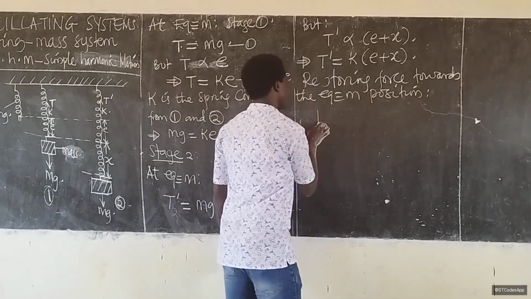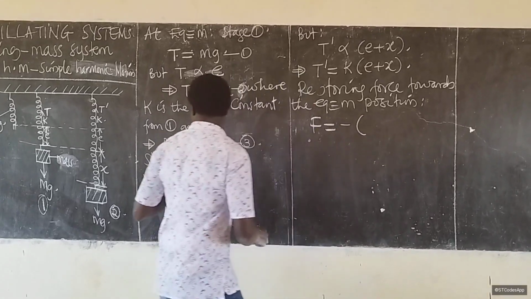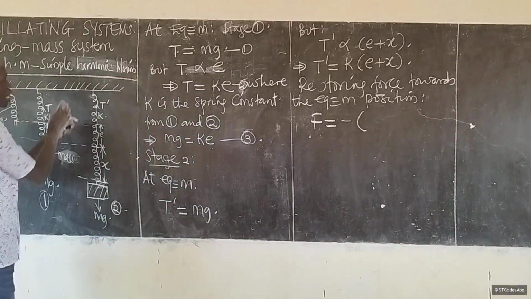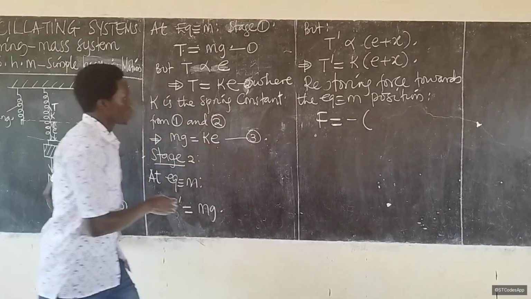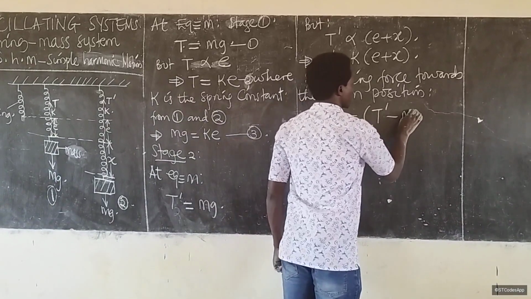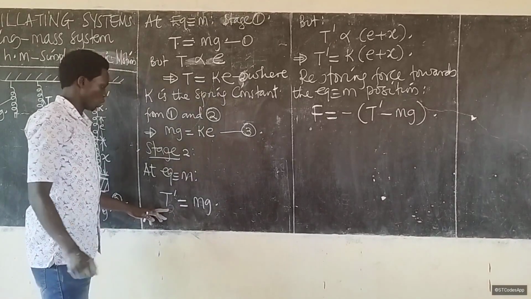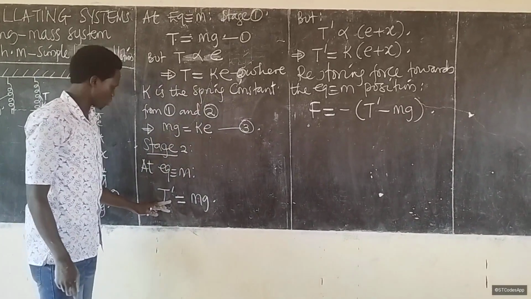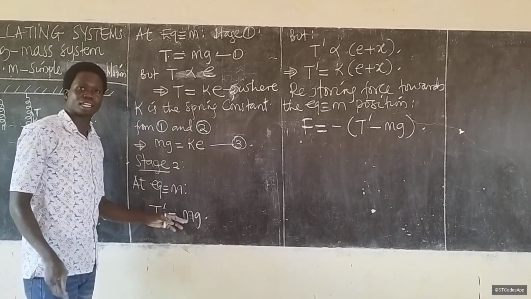We shall have that force, that restoring force, is equal to a negative. When you pull this, the force goes back. So this tension is more than mg. So we shall have T prime minus mg. So the restoring force, when x is 0, T prime is equal to mg. So T prime minus mg gives you 0.